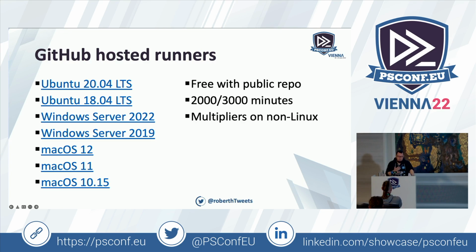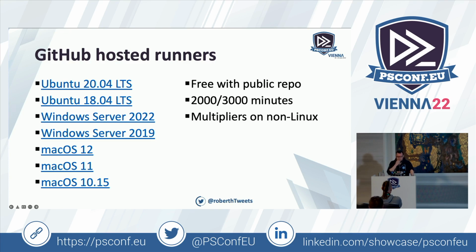If your repository is public, it's free, so use as much as you want. If you're a free user with a private repository, there are 2,000 minutes that you can use. If you are a Pro subscription user, you have 3,000, and then there are some enterprise minutes as well.